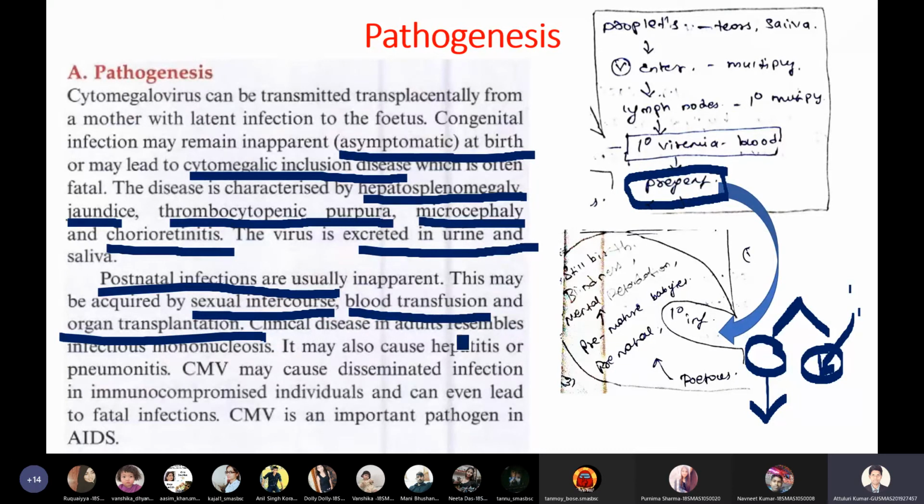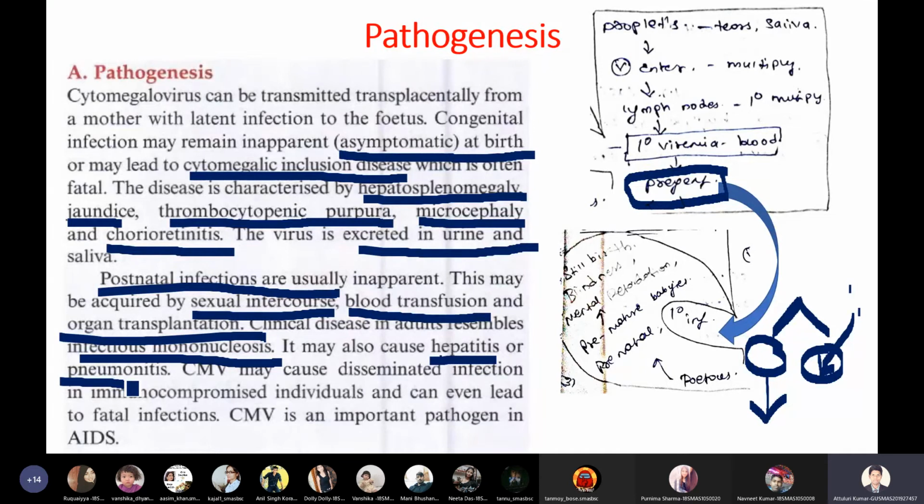So the clinical disease in adults resembles infectious mononucleosis. So usually we will see it as if the patient got affected by Epstein-Barr virus infection. So in adults, we will see infectious mononucleosis-like signs and symptoms. Sometimes it will also cause hepatitis or pneumonitis. Hepatitis means inflammation of the liver, and pneumonitis of the lung.